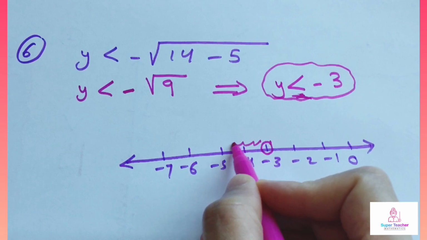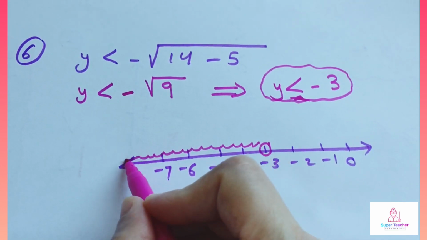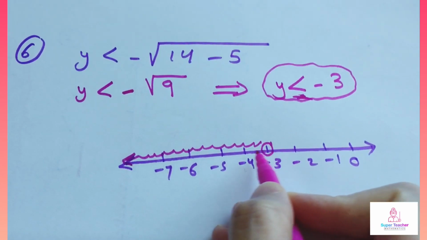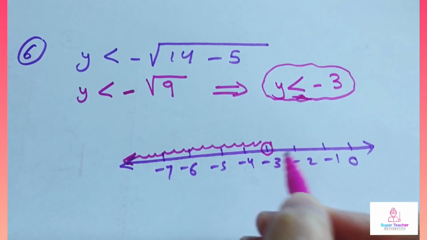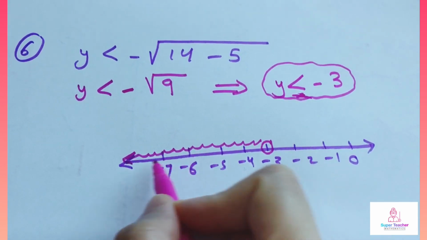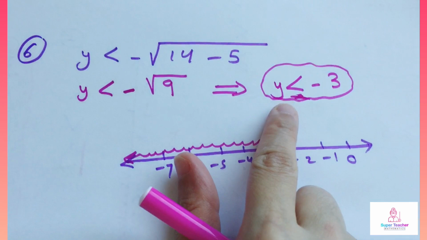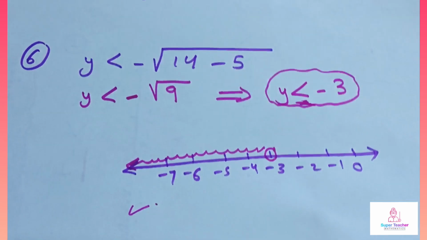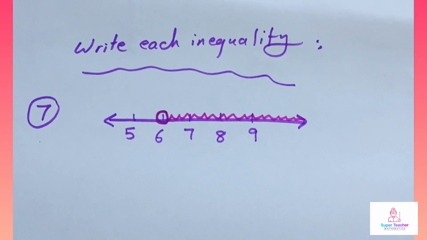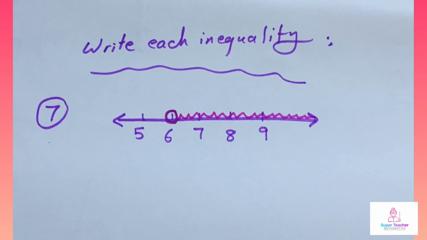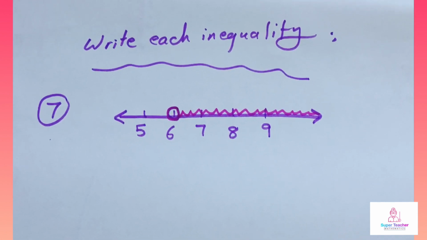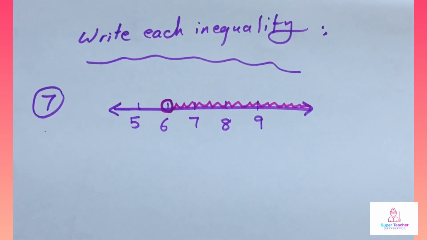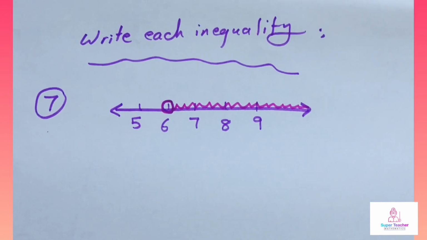Yes, the left side, because negative numbers are small numbers. Whenever we go to the left, it will be less than negative 3. So all these numbers are solutions for this inequality. Done.